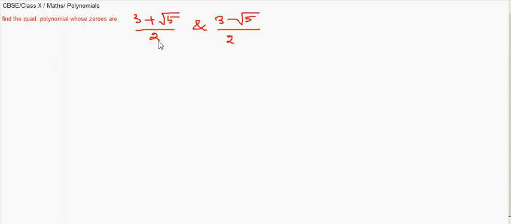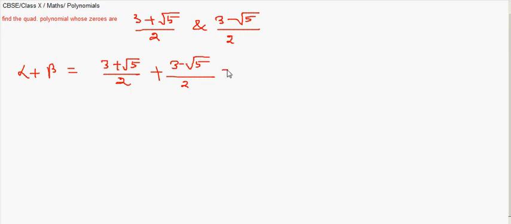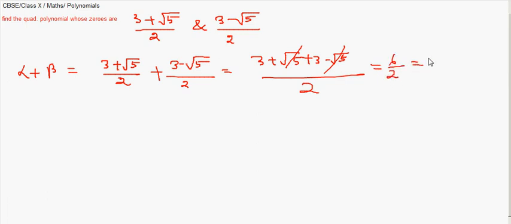If I assume these to be alpha and beta, the sum of them, alpha plus beta, is 3 plus root 5 by 2 plus 3 minus root 5 by 2. If we solve, I get 3 plus root 5 plus 3 minus root 5 by 2, that's cancelling, so it is 6 upon 2, and that's giving us 3.